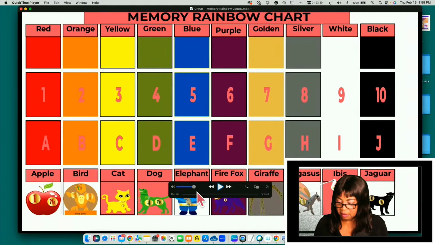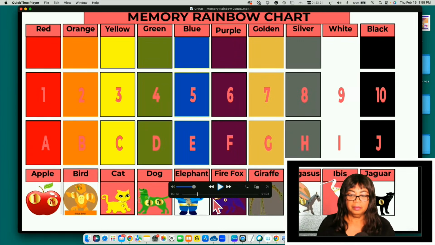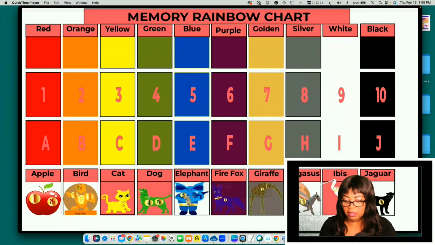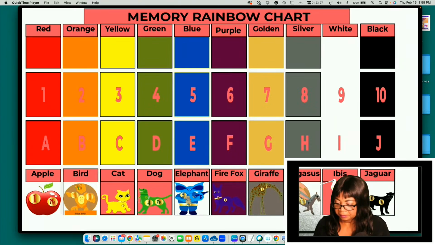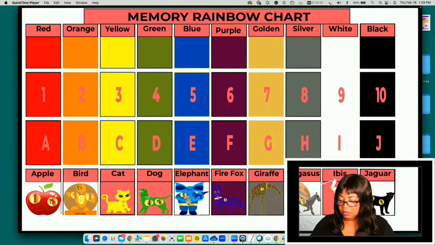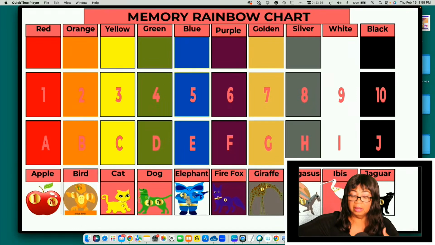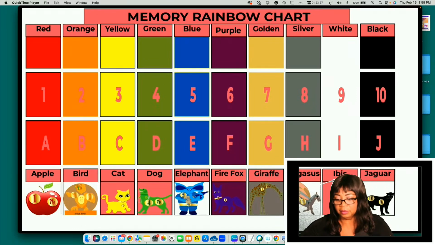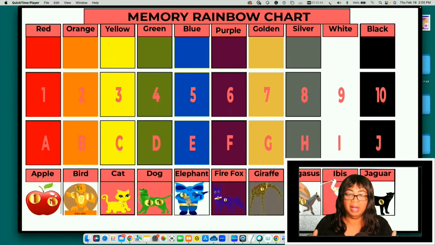Let's go back to the beginning. Okay, taking a look at the chart, you can see that, like I said, from 1 to 26, and the expanded 29, you've got individual letters to match up with the actual animals and power heroes.